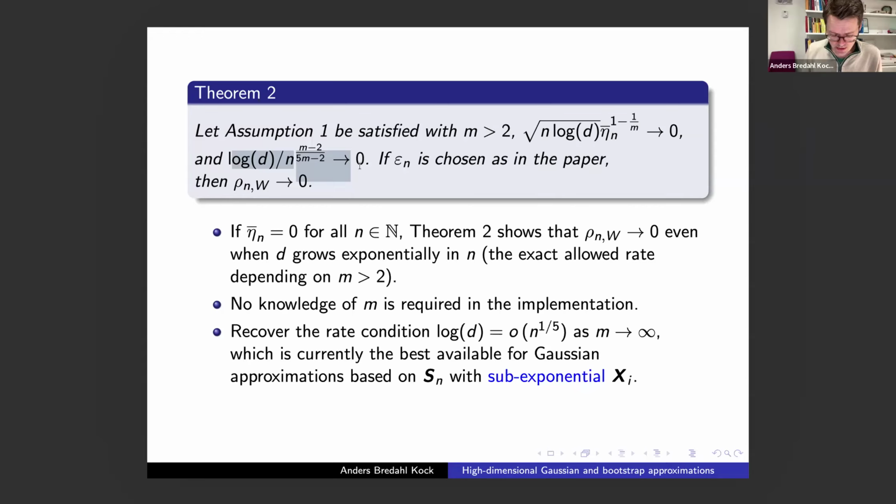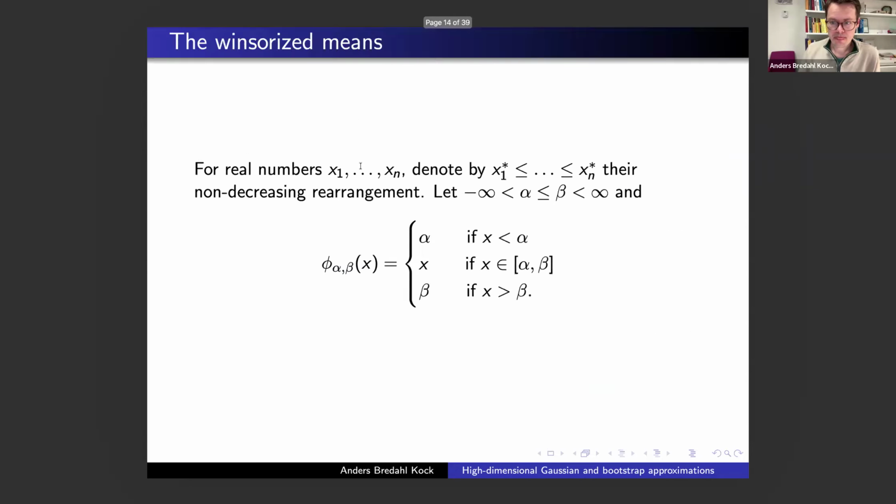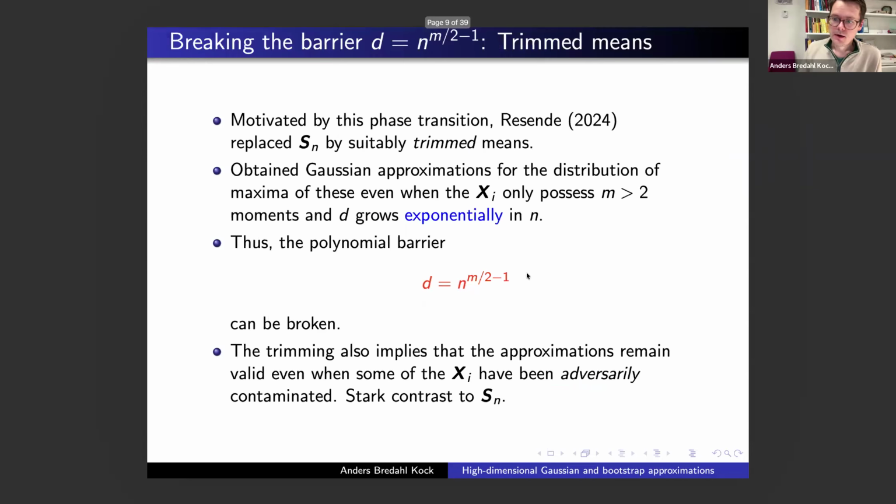So this is in stark contrast to Gaussian approximations for sums, which in the beginning of the talk I showed you break down whenever the dimension grows faster than a polynomial rate. So for any m, the Gaussian approximations for plain sums break down when dimension grows faster than n to the power m half minus 1.